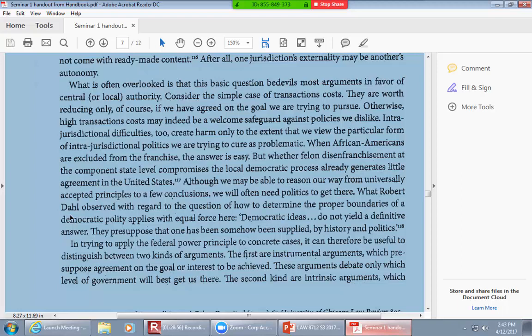Okay? So mostly empirical work in political science, but he observed with regards to the question of how to determine the proper boundaries of a democratic polity.